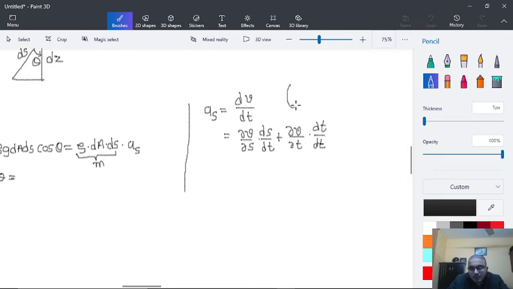Why? Because v is a function of space and time. So instead of ds upon dt we can write down simply v. So v into del v over del s plus del v over del t.